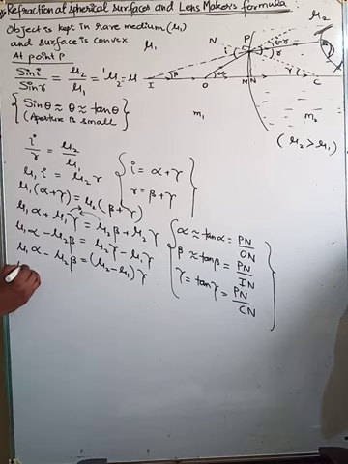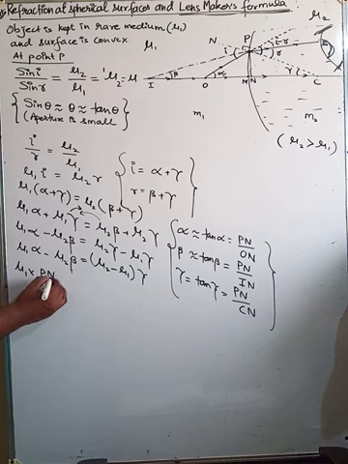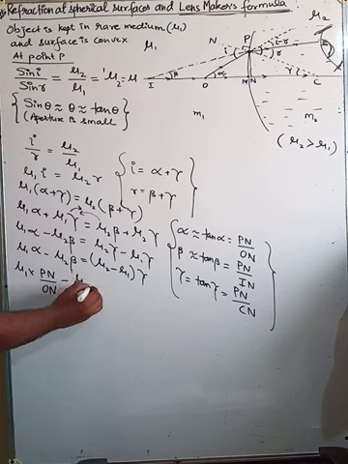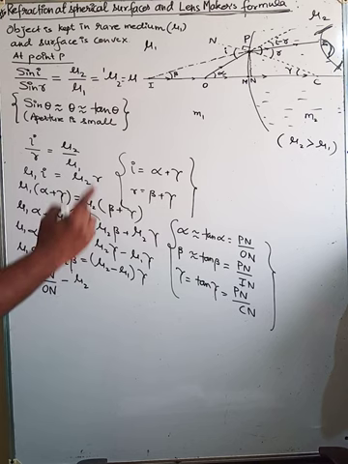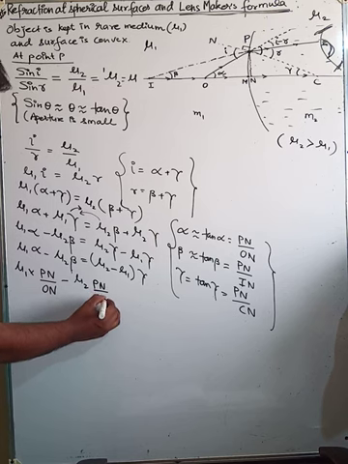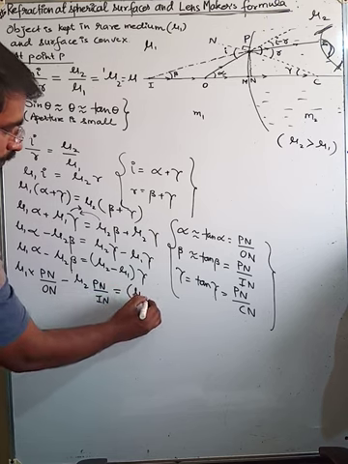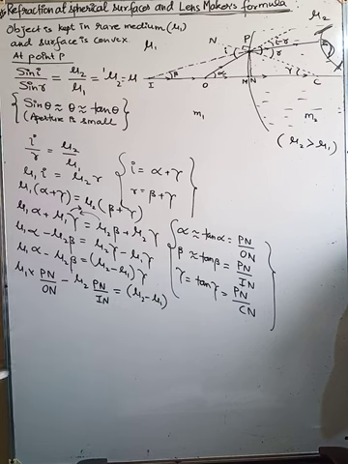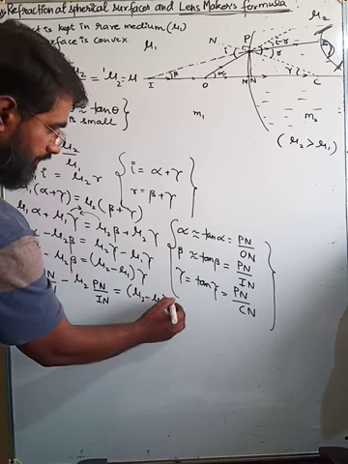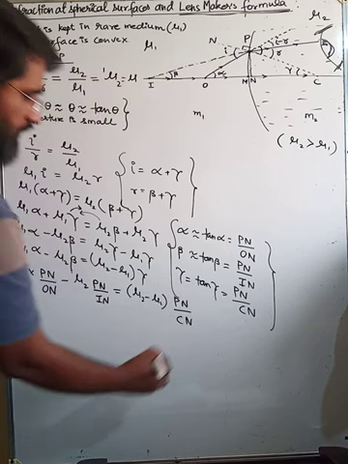So mu1 will be written as alpha, that is PN upon ON, minus mu2 beta will be written as PN upon IN, is equal to mu2 minus mu1 into gamma, the value of gamma, PN upon CN.